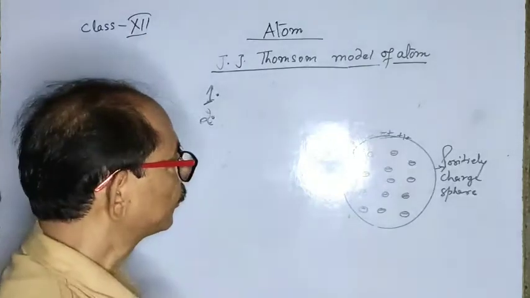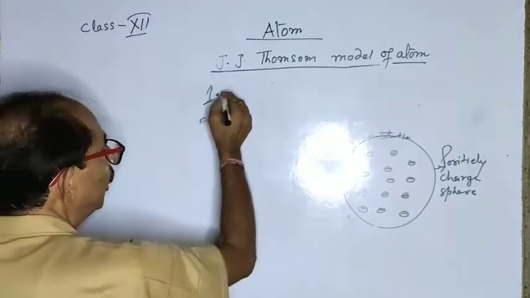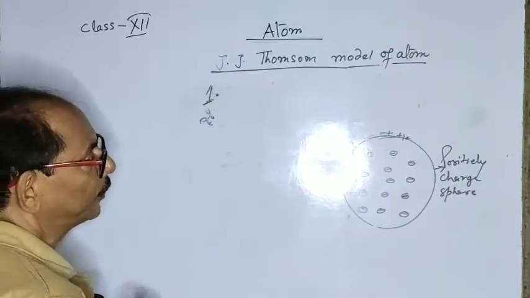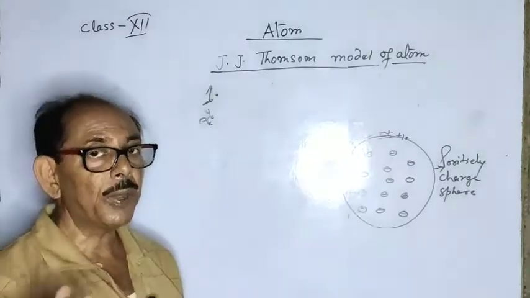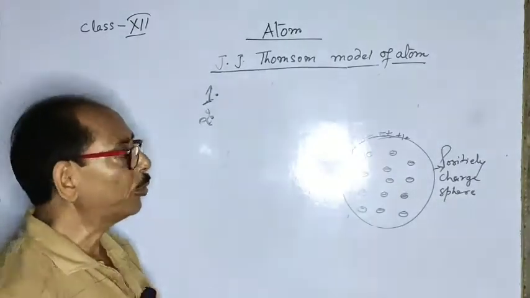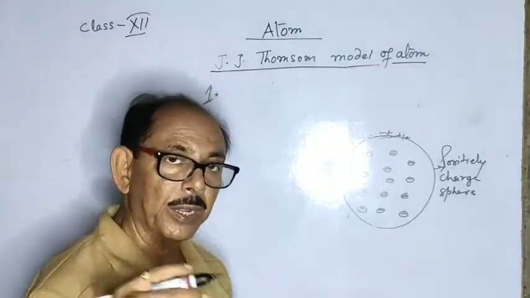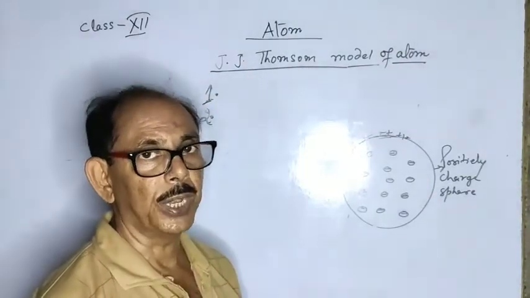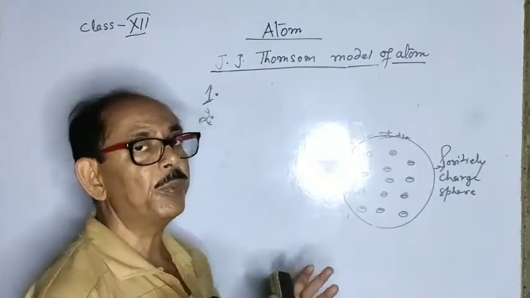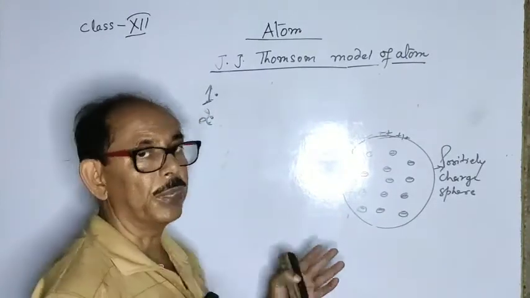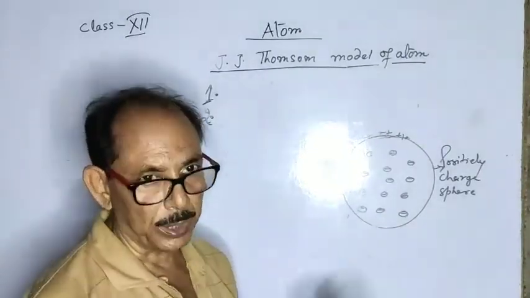Third, जो हमने पहला बताया था कि अल्फा स्कैटर्ड, since the positively charged sphere, alpha particles are also positively charged, so the simple reason is due to the repulsion between the charged particles.